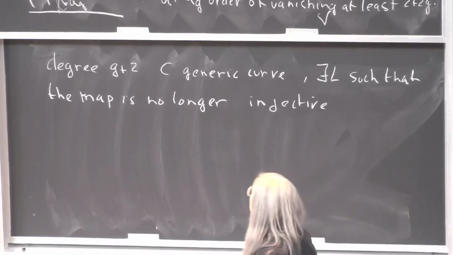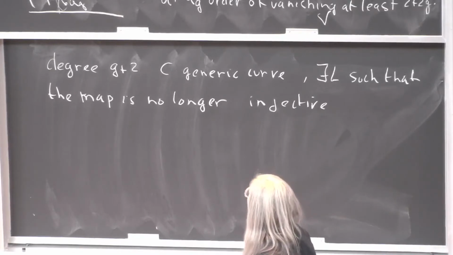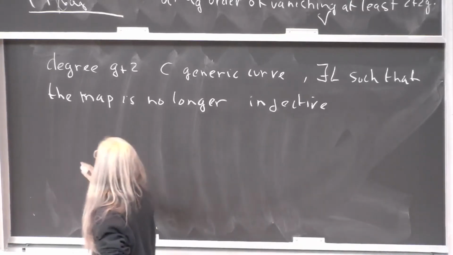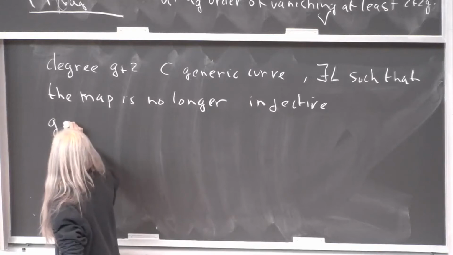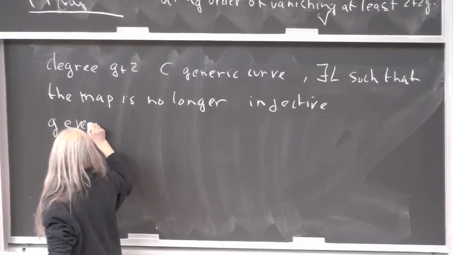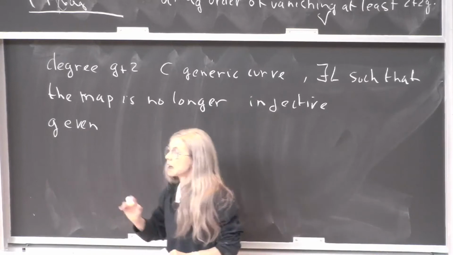What I do first is look at line bundles. I am going to consider only the case of g even. I actually do not know what happens for g odd of exactly that degree.